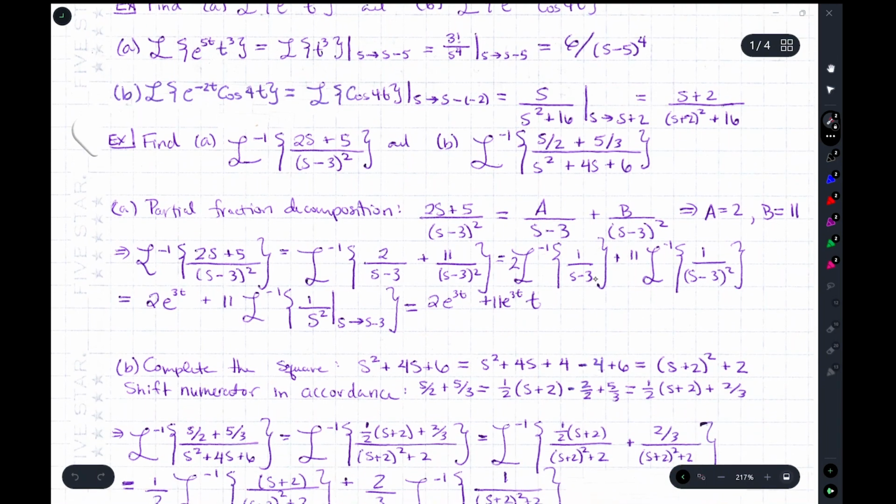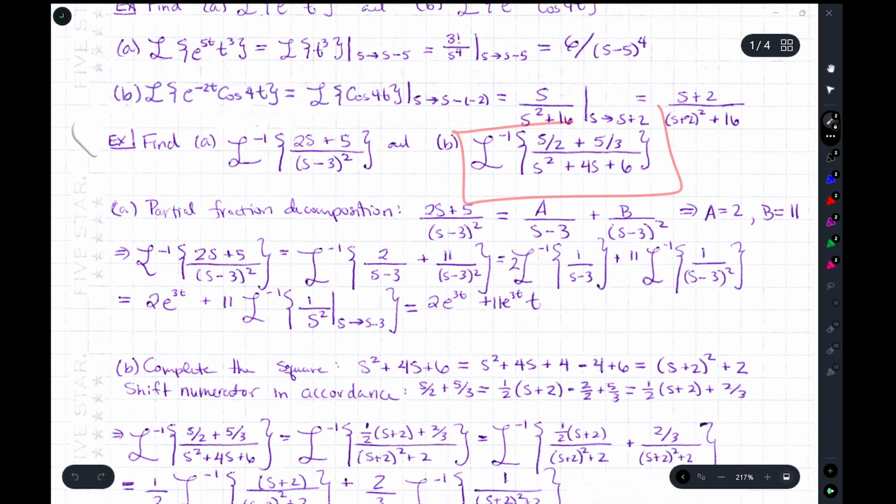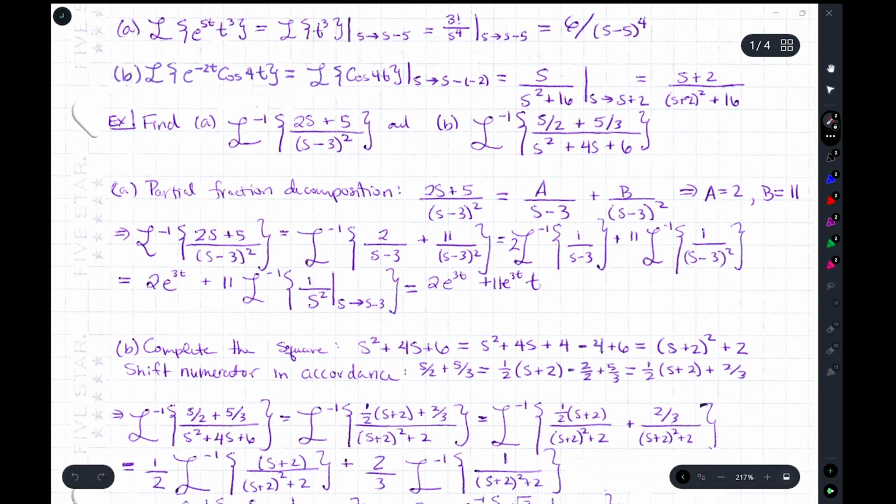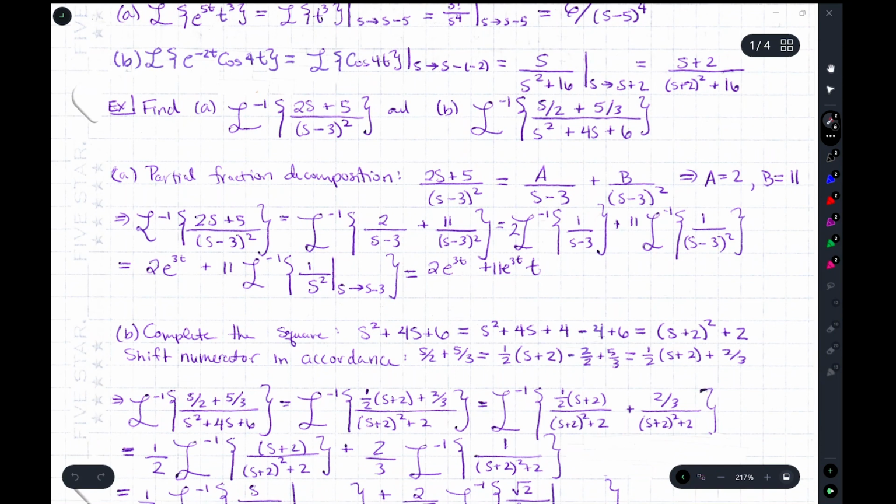Now, what about b? We want to take the inverse Laplace transform of this. Well, we could try, say, to factor this, but this is actually not factorable, all right? So, because we've been talking about translations in s space, a good strategy is to complete the square, okay?